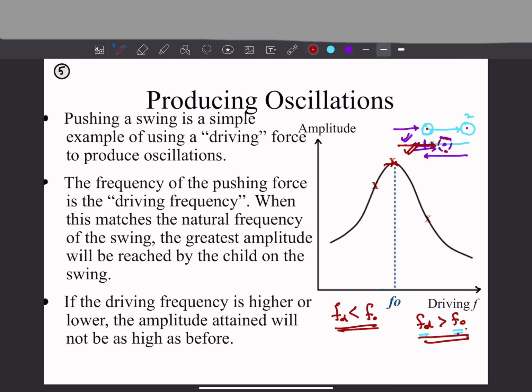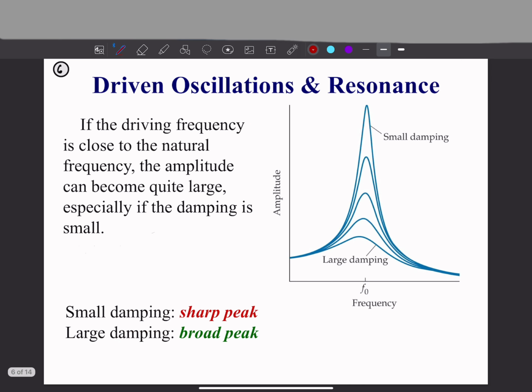When resonance is occurring, the natural frequency of the body must be equal to the driving frequency. So this is very, very important.